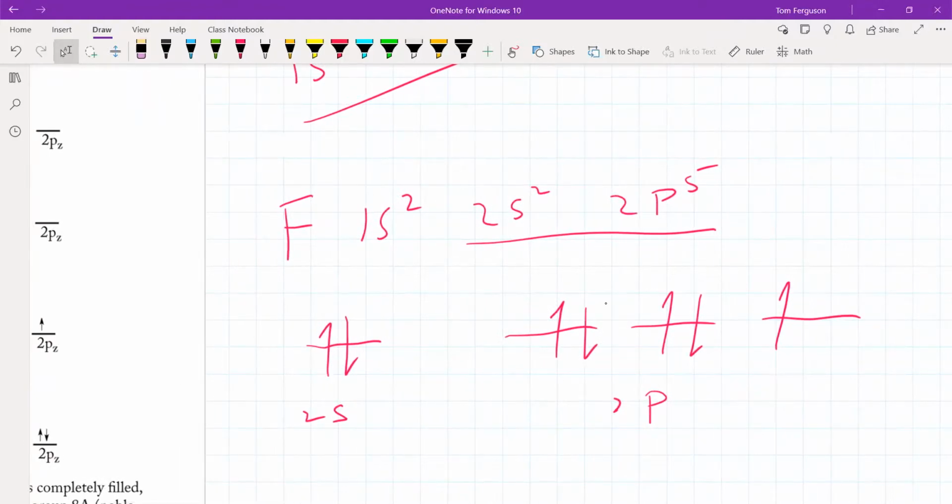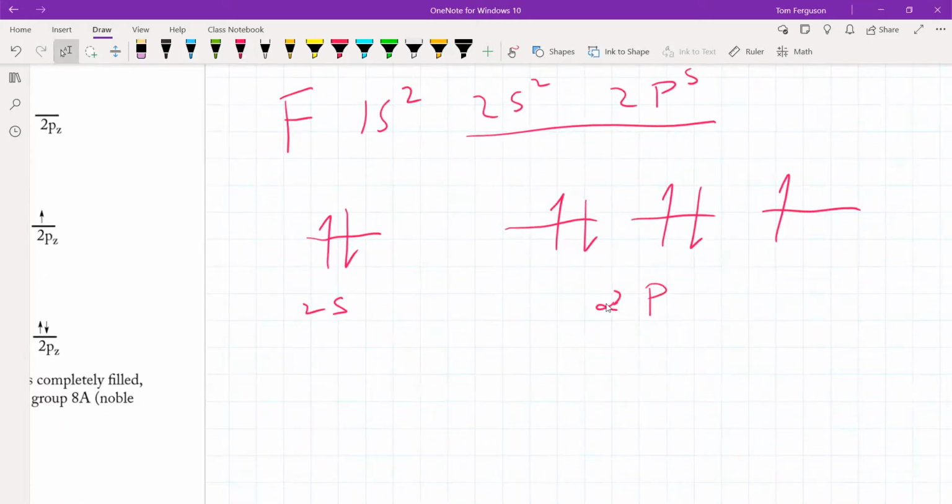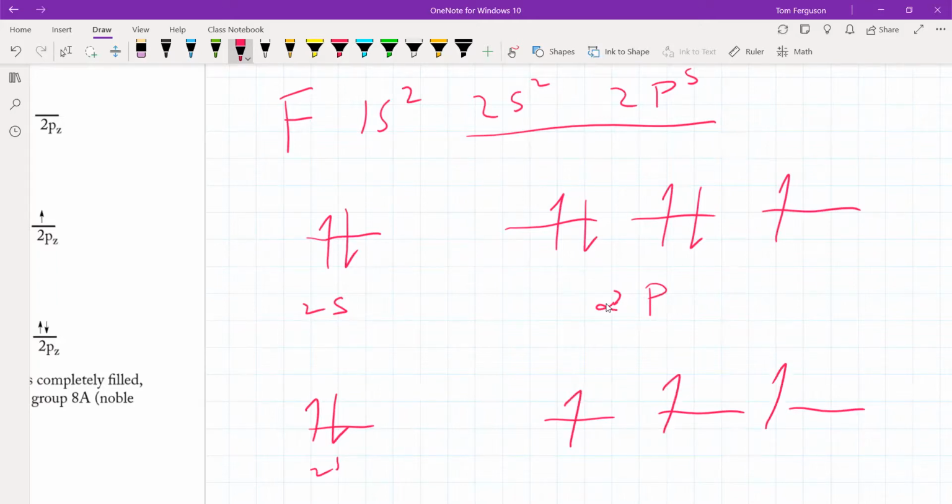One way fluorine can become stable is it can gain an electron. If we can gain an electron here, that becomes a full shell.